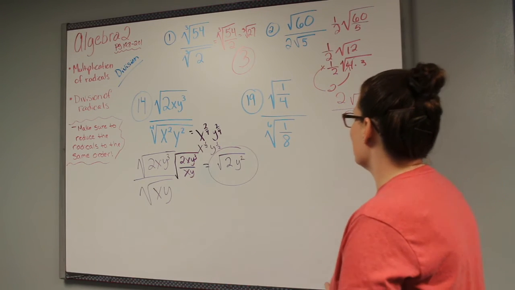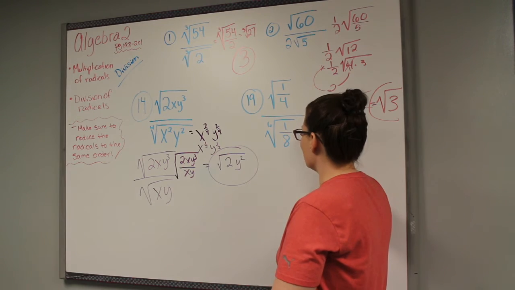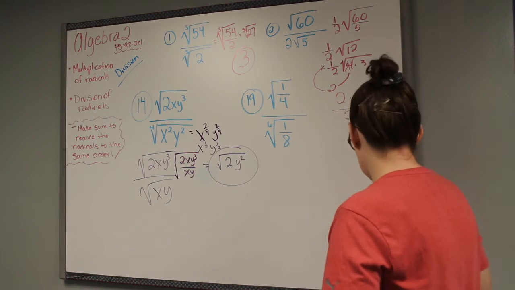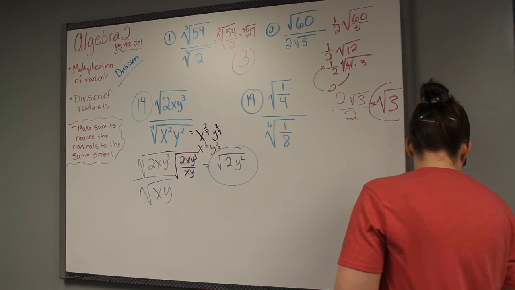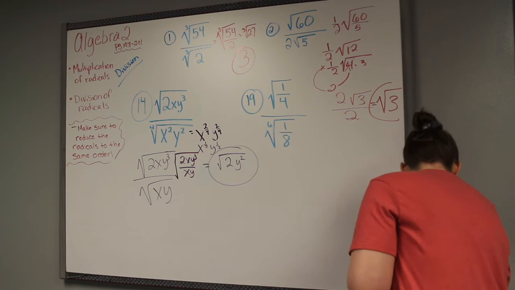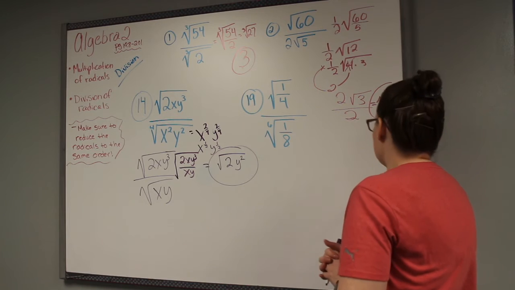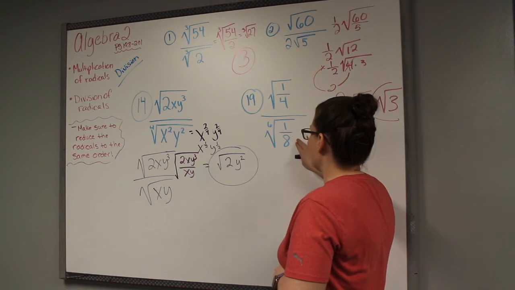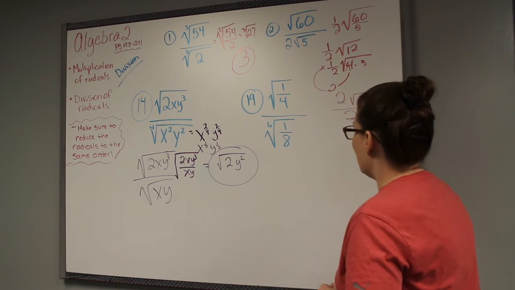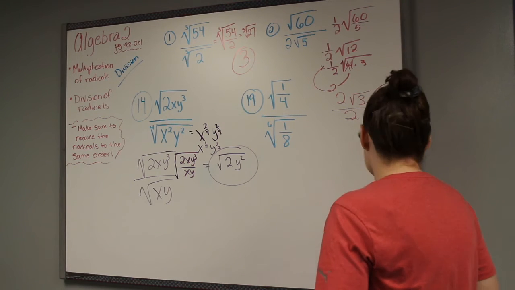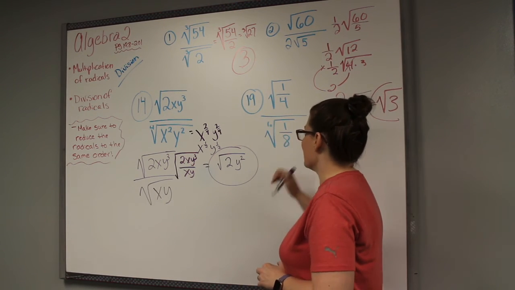So 19 is a fraction over a fraction, and they don't match in the orders. So this is one of the harder ones, I would say, on the page, and we need to get them to match. I'm going to try to lower this one down, and how I'm going to do that is, this is a 6.